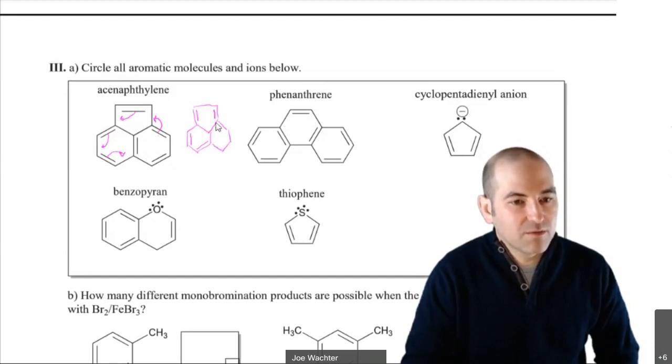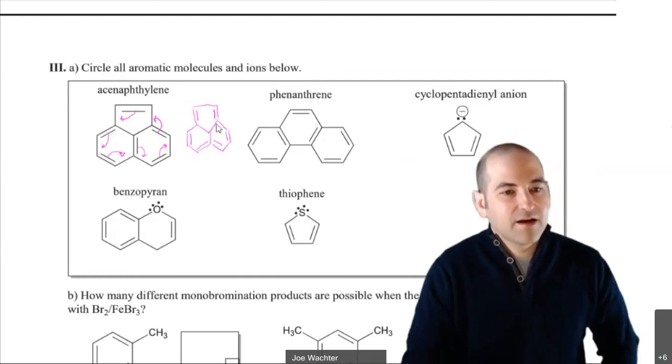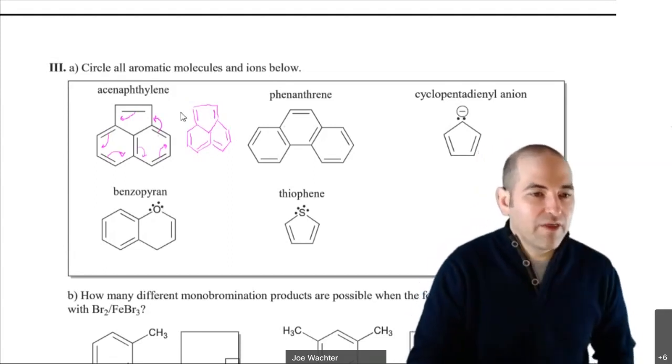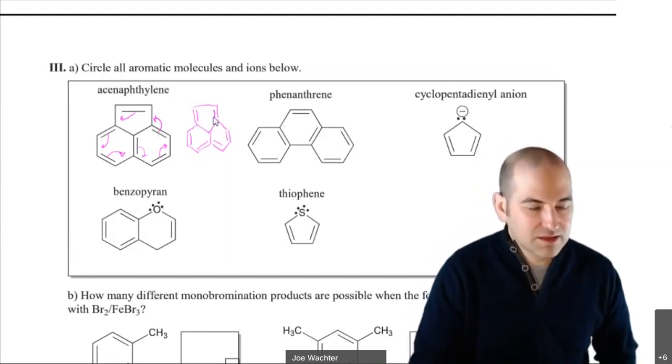And now, no matter where we move this one, it's going to bump into something else. Right? Because if we move over to there, and we move this one over to there, then we're in trouble because we got too many bonds on that carbon. So there's just no way to draw that resonance here.